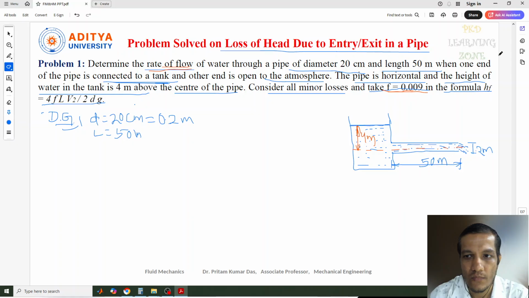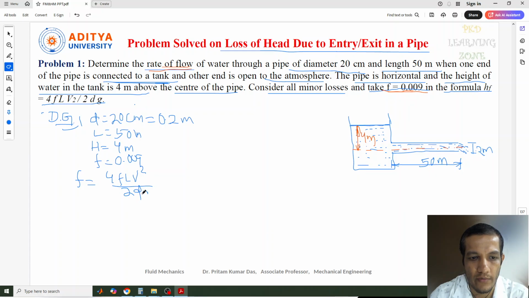So this is length, and next is the height of water, H, suppose 4 meter, and next is f, the coefficient of friction, 0.009. Next the formula is given for us: hf equal to, we know that, 4flv²/2dg. So this is the formula of major loss.